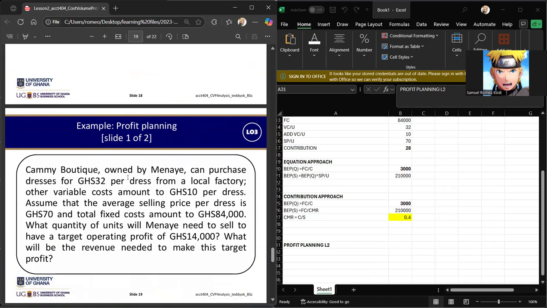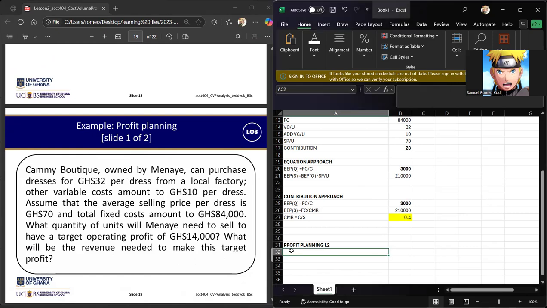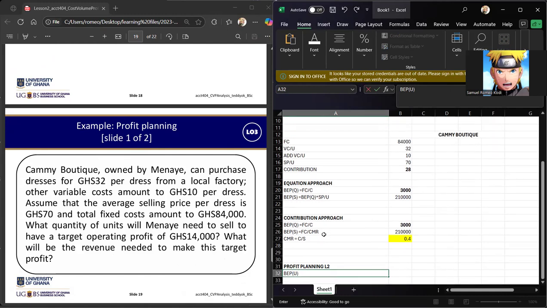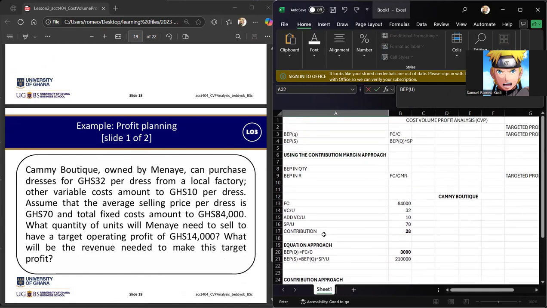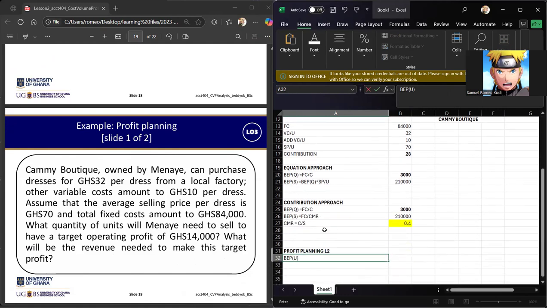With the same example, let's do some calculating. Here we calculated our break-even point in units, our BEP in units. What was it? It was 3,000.